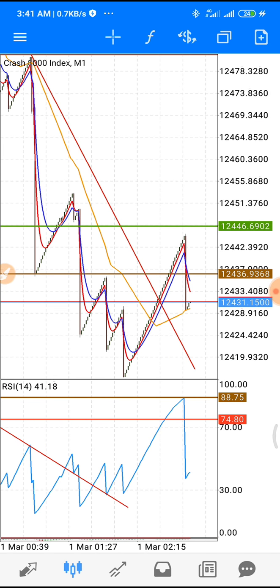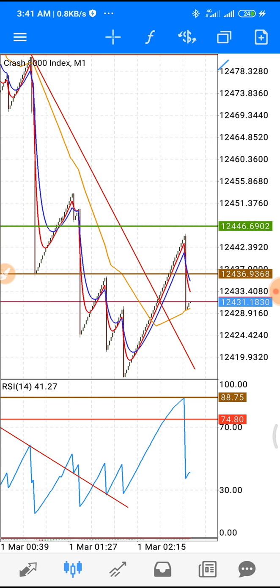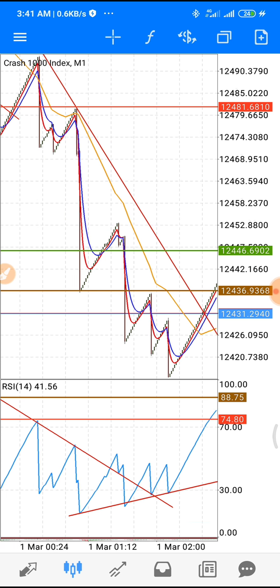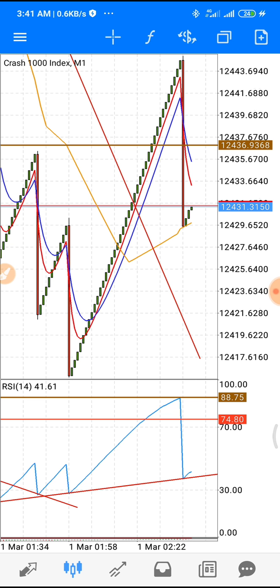So you can also use the trend line to buy. So if I want to buy over here now, let me see if it is resting on this trend line. Yeah, you can see it's dropped directly on this trend line. And also my SMA 50. Do you see my SMA 50?